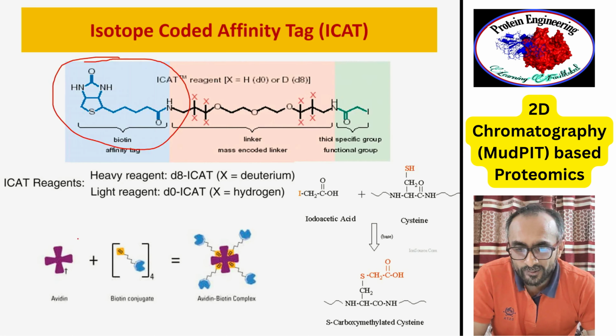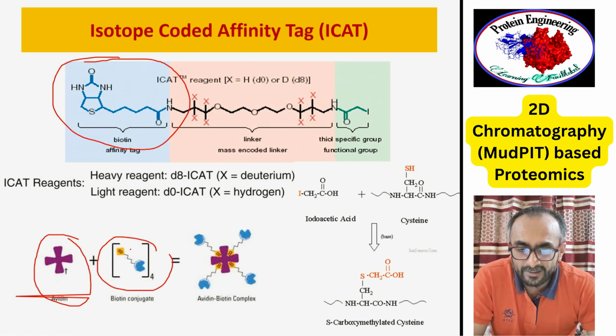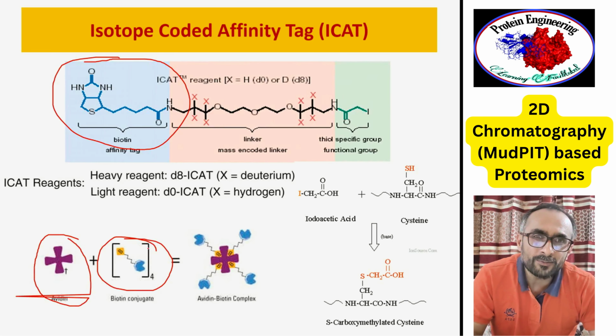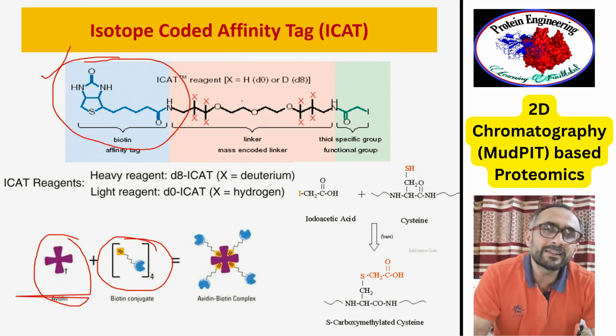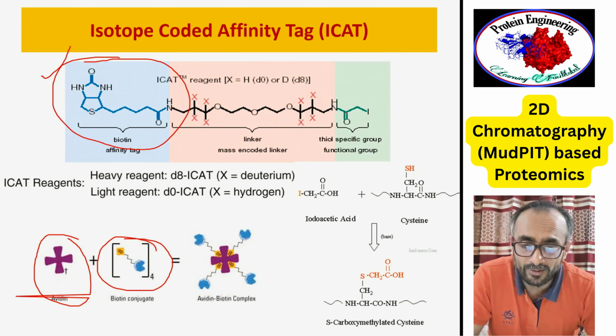So when you allow the reaction between avidin protein and biotin, they form a very strong complex. That's how, for purification of compounds, if the compound is labeled with biotin, avidin is used in the stationary phase of an affinity column, and that's called biotin-avidin affinity chromatography. So this biotin is basically used for purification using avidin in the stationary phase of the affinity column.